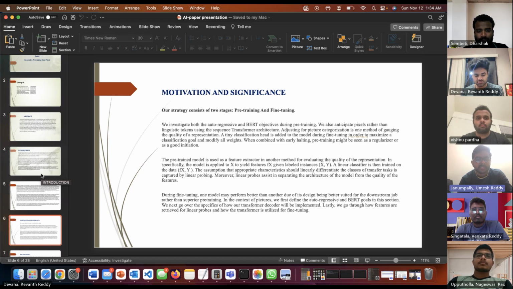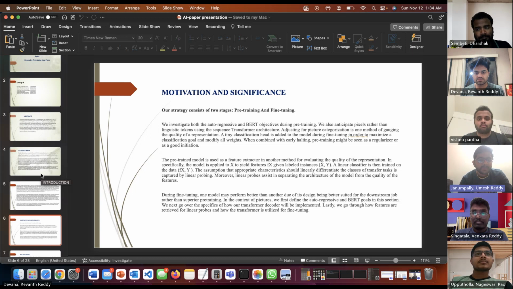Beyond adjusting for picture classification, it is one method of gauging the quality of a representation. When combined with early stopping, pre-training might also be seen as a regularizer or as a good initialization. Another method for evaluating the quality of a representation uses the model as a feature extractor.